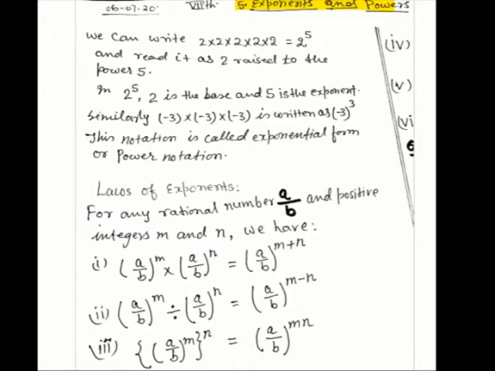As you can see on your screen, in 2 to the power 5, 2 is read as the base and 5 as the power.